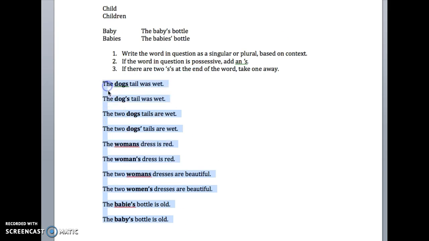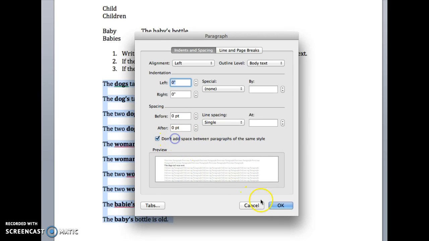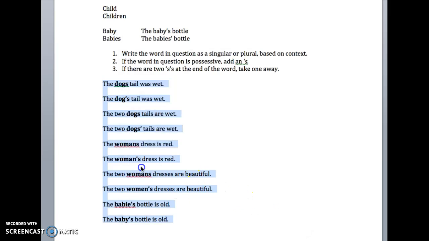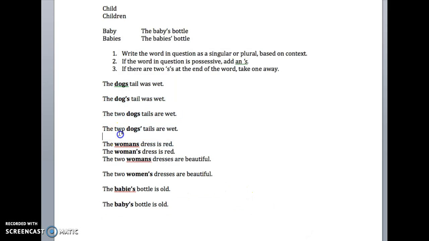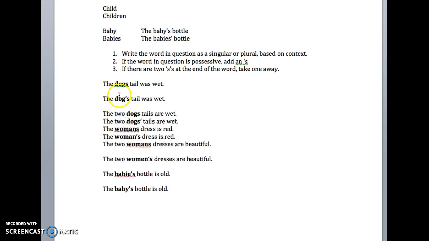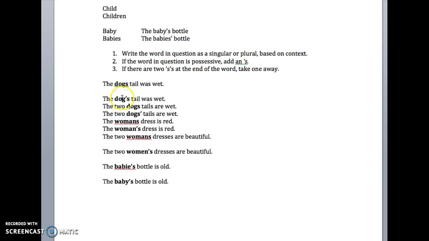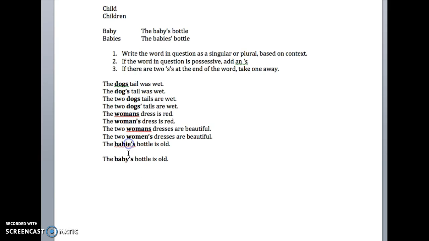Let's see if I can fit some more here. How about this? The two babies' bottles are old.